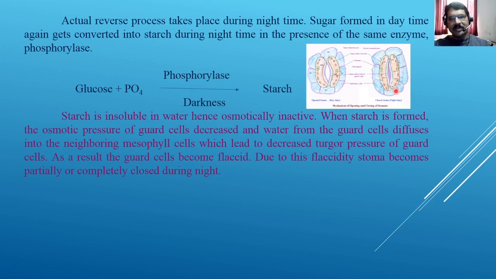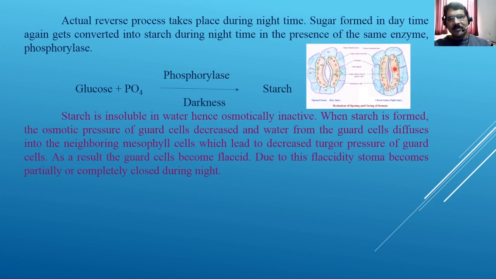These cells finally become flaccid, meaning turgid cells become flaccid at night time, and due to that the concave inner walls of the guard cells come back to their original position and close to each other. Due to that, the stoma which was open during daytime becomes closed partially or completely due to the flaccidity of the cell.